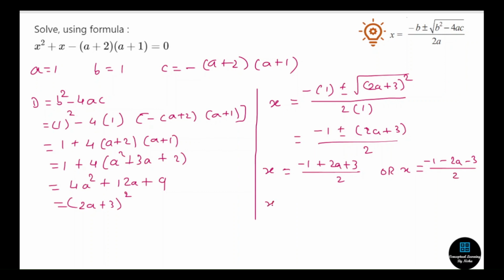And for the first value, what do we get? 2a plus 2 upon 2. So I'll just simplify this as a plus 1. Or I'll get x equals to minus 2a minus 4 upon 2. So that gives me minus of a plus 2. So these are the solutions of the given equation.